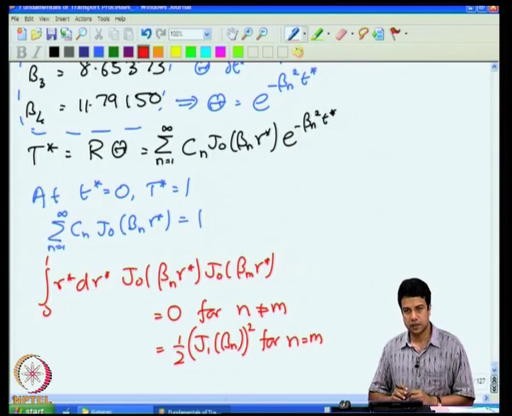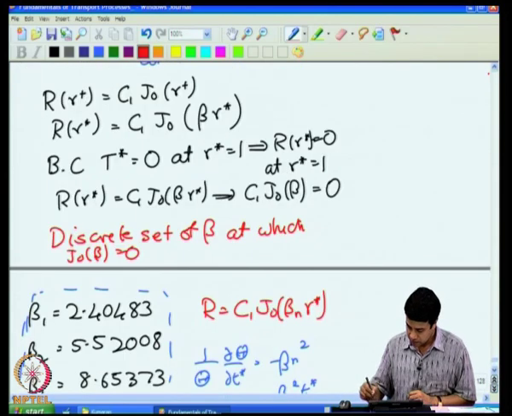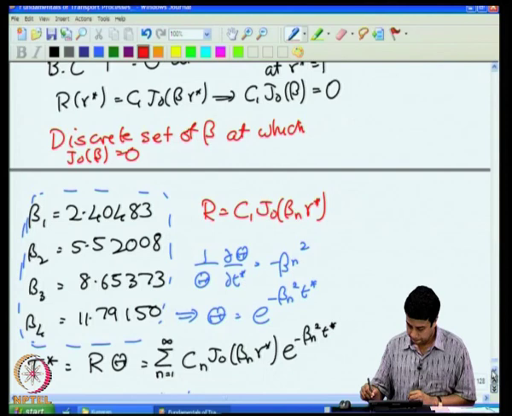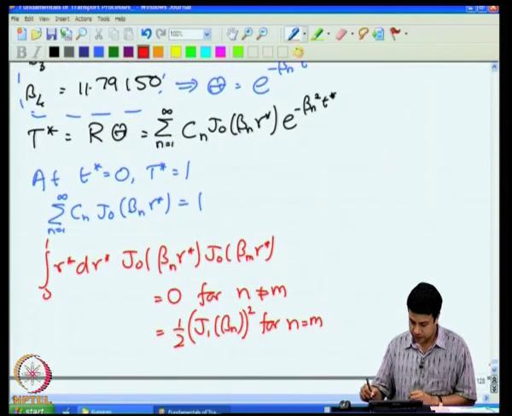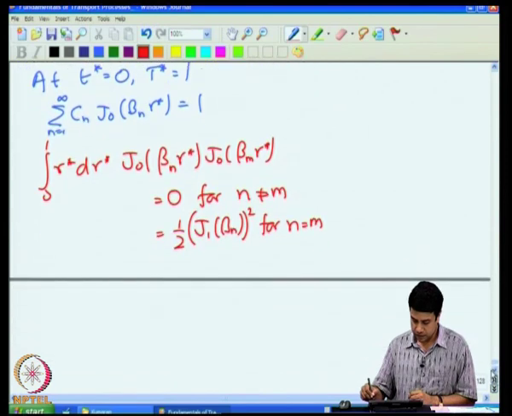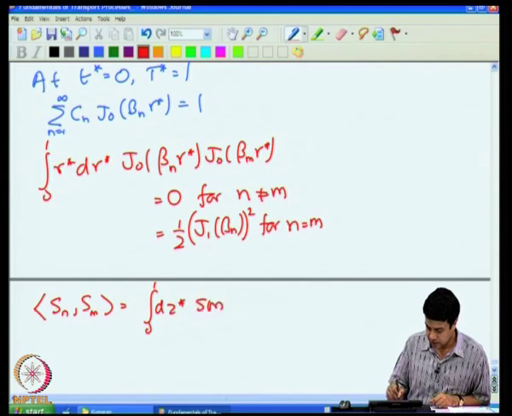If you recall our discussion of orthogonality relations in a Cartesian coordinate system, we had written that in short notation as S n comma S m is equal to the integral from 0 to 1 dz star sine of n pi z star sine of m pi z star.